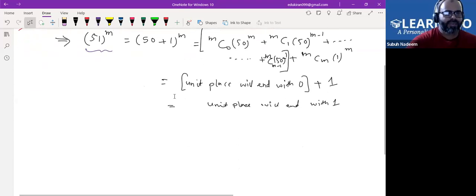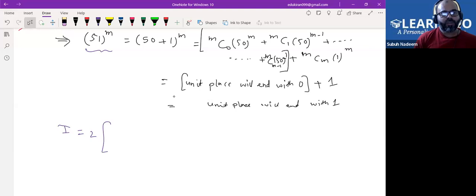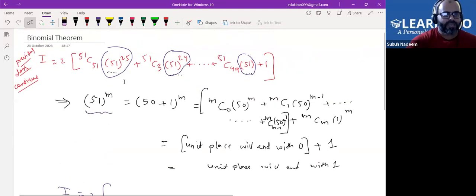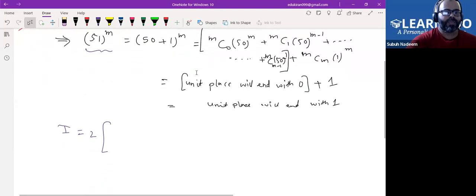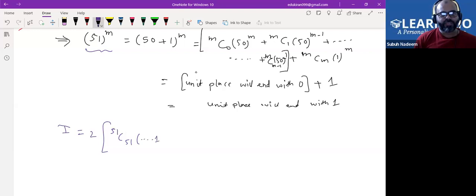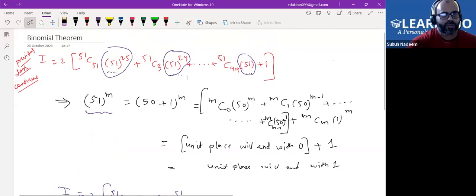So now we can write I is equal to, I will give you the time to write it. You will see that all of them will end with unit place 1. So 51C51, and this is a number which ends with 1. Then 51C3. Okay, this was 51C1 actually.